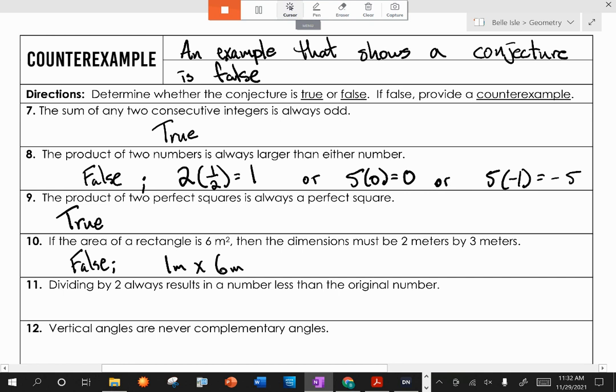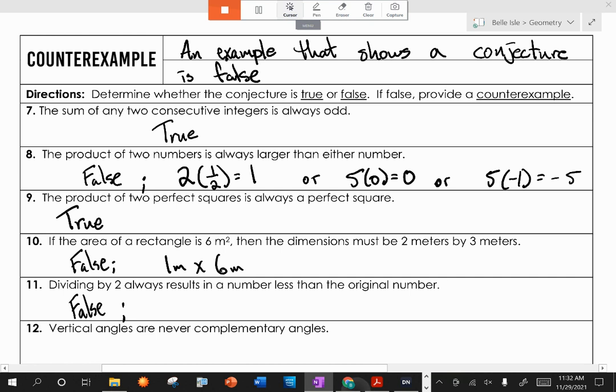Odd numbers. Negative. False. Can I move away from Connor? Connor, cover your mouth.